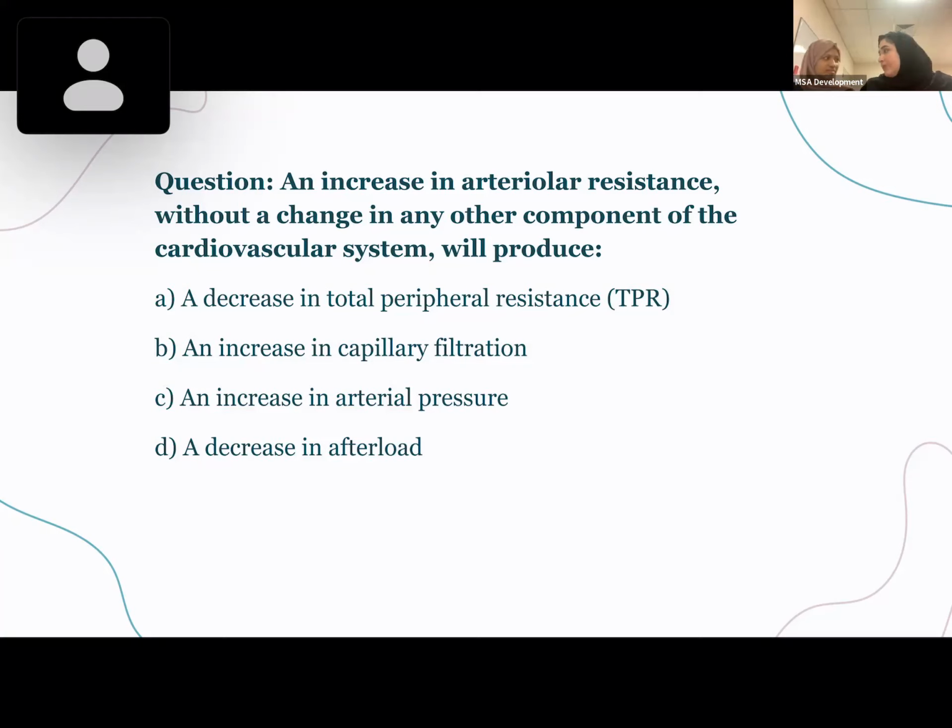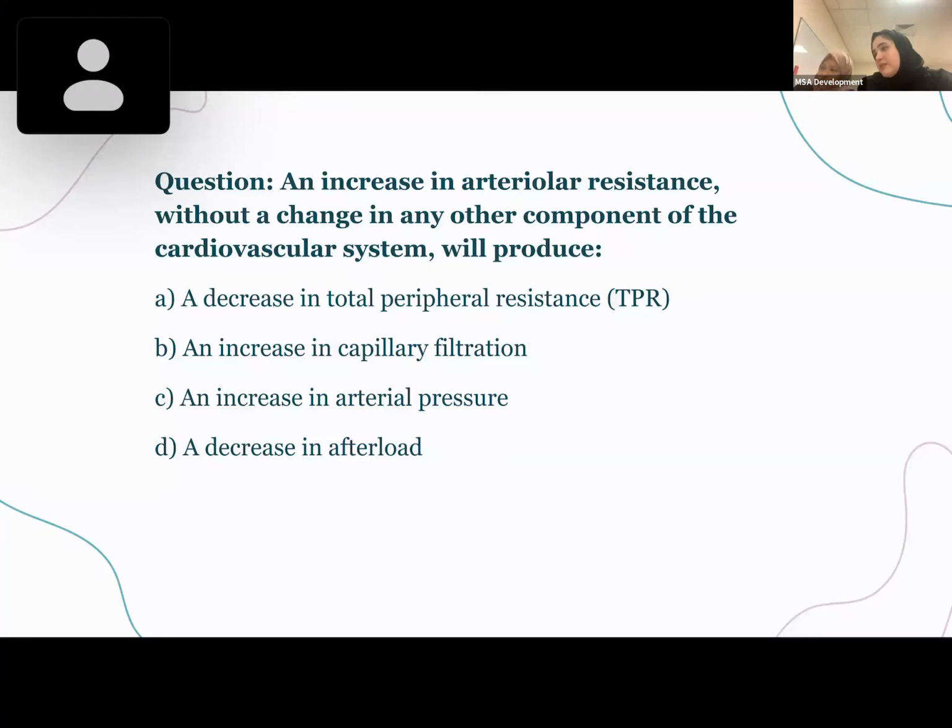C. Does anyone have any other answer? C, and can someone explain why C or why D? We want to know why you guys are choosing whatever you're choosing, so we make sure that you are choosing it for the right reason.